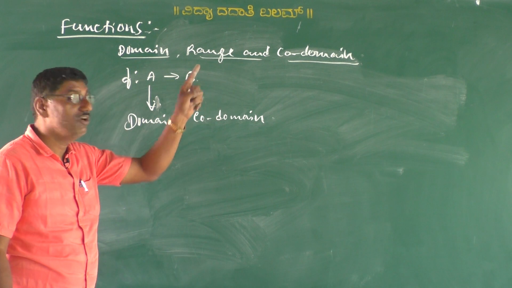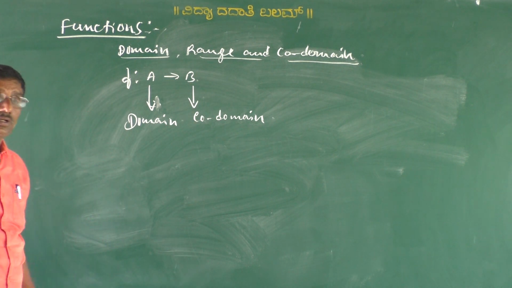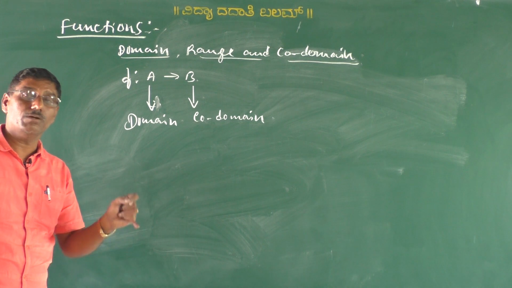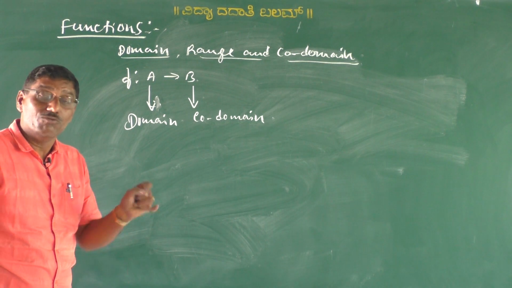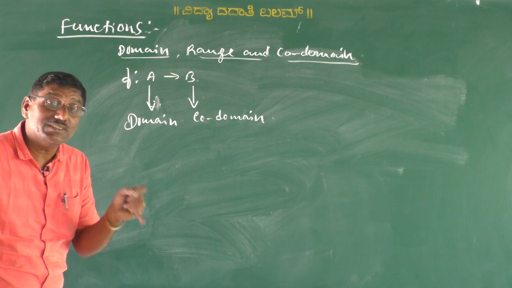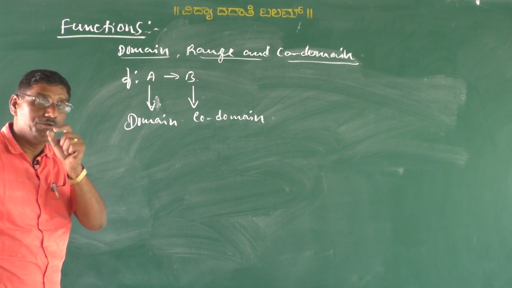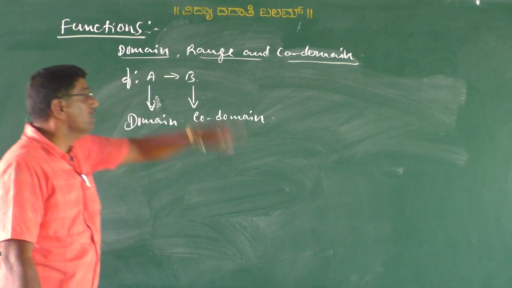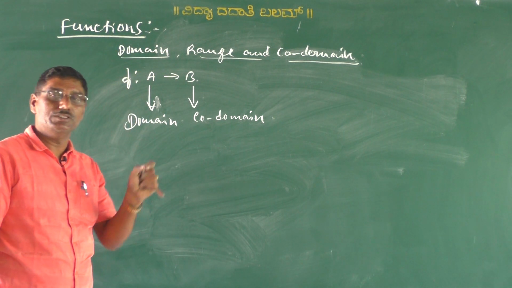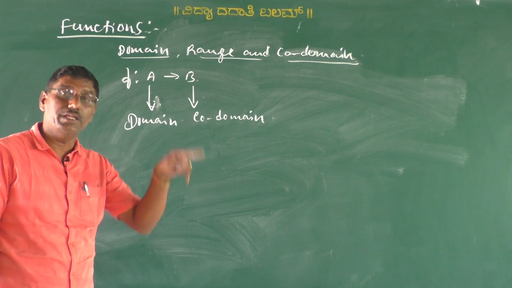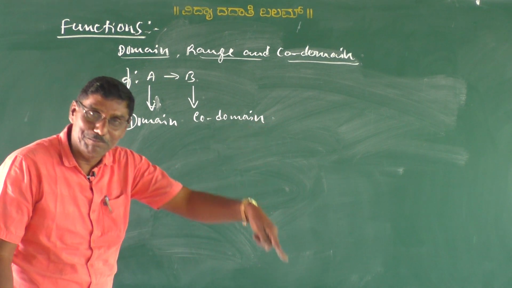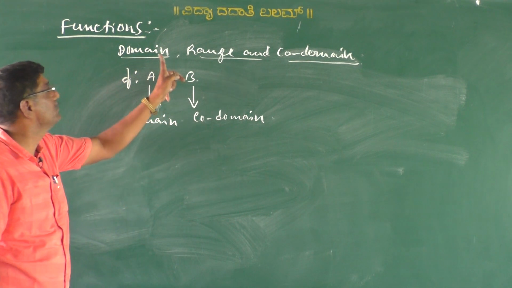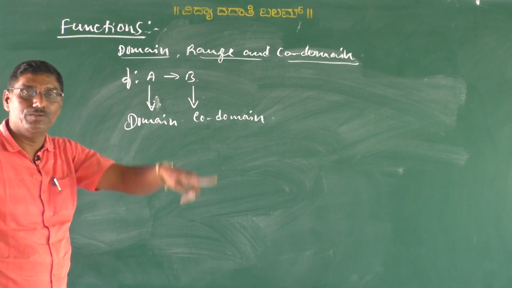But range, how can you define? The set of all elements which are images in B of set A, the images of set A present in B, what we call the range of f.